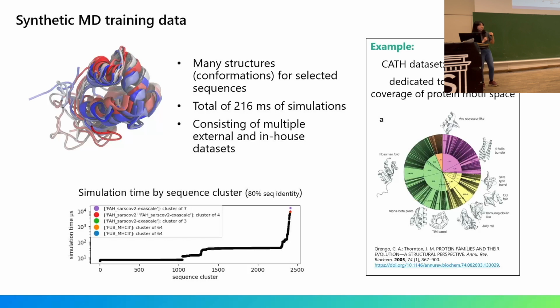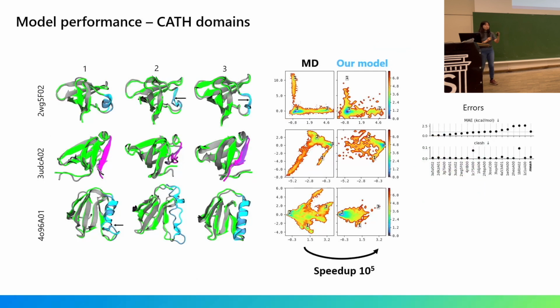One example is the CATH dataset. The CATH domains are a systematic coverage of the protein motif space, and we selected some protein domains from this dataset and generated our own simulations in-house. We separated them into training and test sets, also incorporated all the other MD simulations, and fine-tuned the model. Here we show 3 examples from the test set.